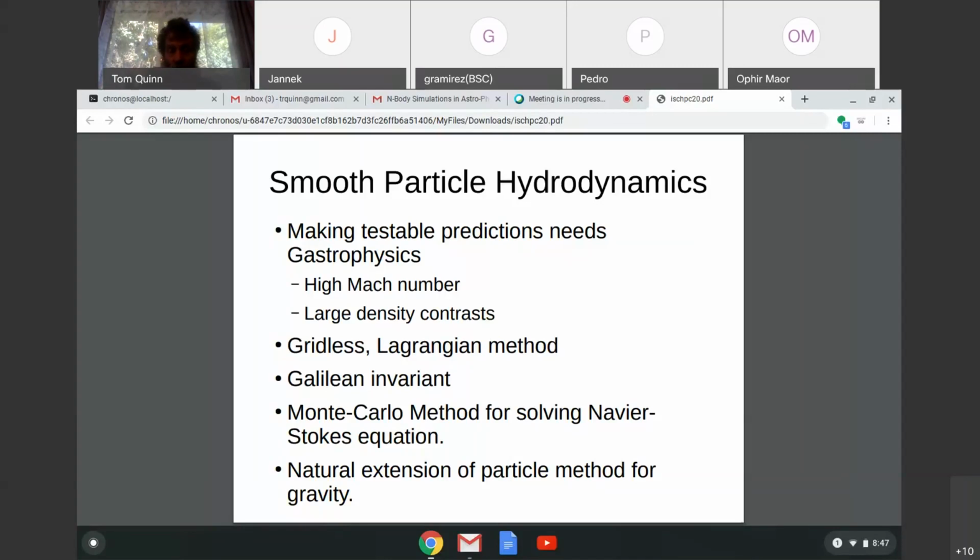So a method that actually follows the flow, the Lagrangian method, is preferable. And SPH is that kind of method. So each particle, the smooth particle, is a sample of your gas for which you're solving the Navier-Stokes equation.